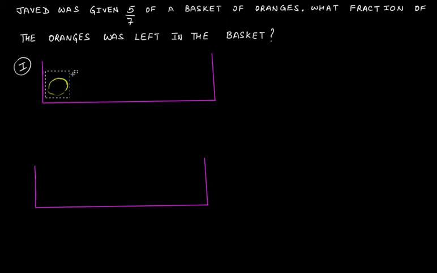Control C, Control V. It's 2, it's 3, it's 4, it's 5, this is 6, and this is 7. I have to adjust it, therefore I'll have to remove it. Just removing this one.